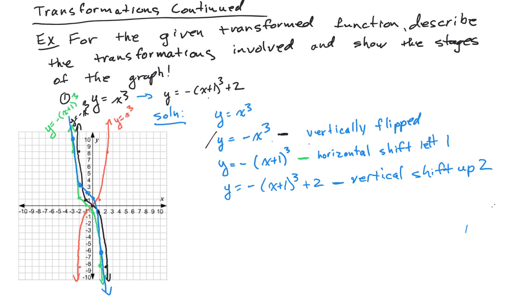And it goes on forever. And then we say that blue graph is y is equal to negative (x plus 1) cubed plus 2. And there is how we show all the transformations in the graph. Okay?